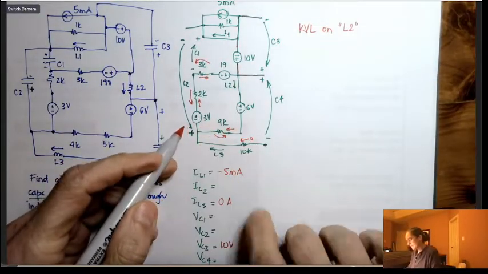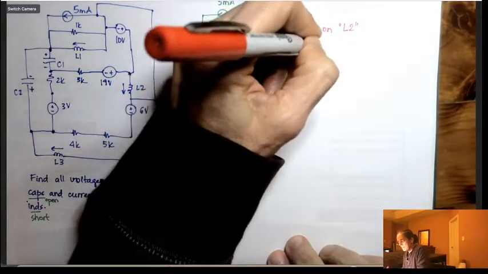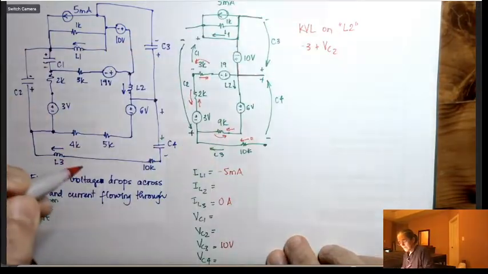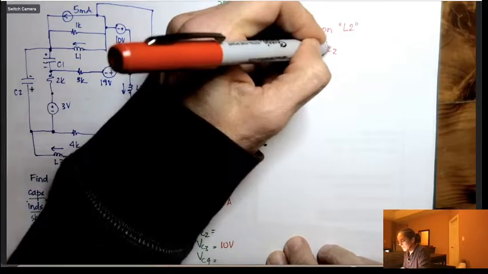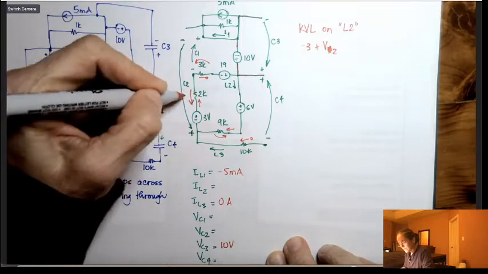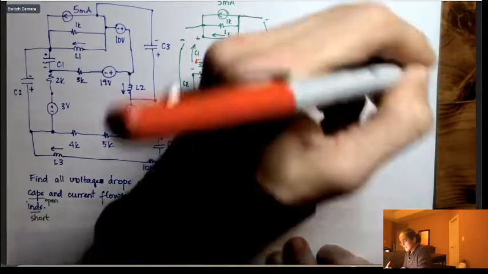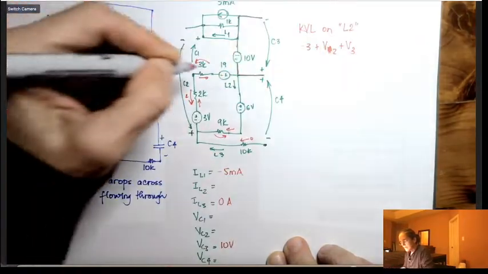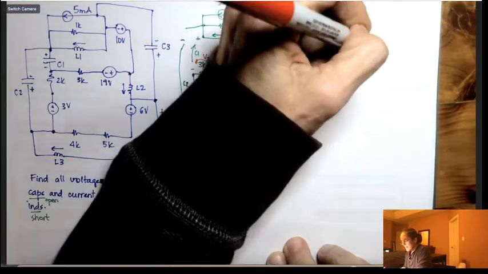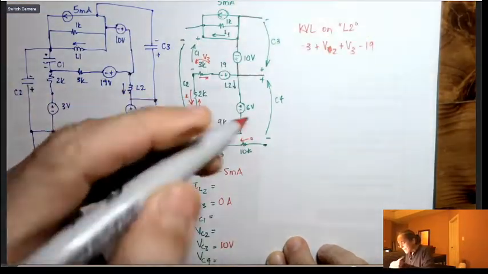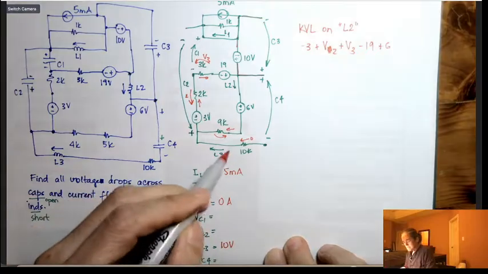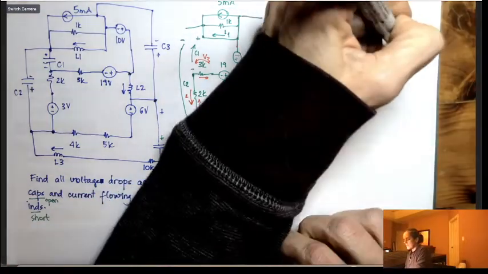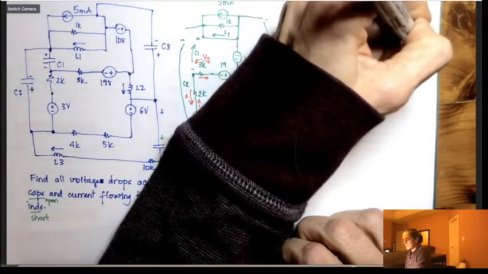So it's going to be minus 3 plus V2, which is this guy here, plus V3, which is this here, minus 19, plus 6, plus V9 equals 0.